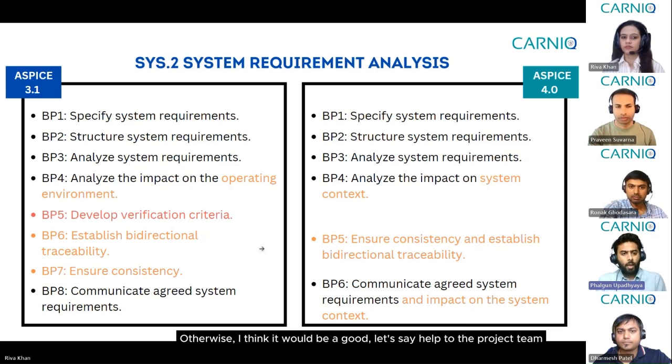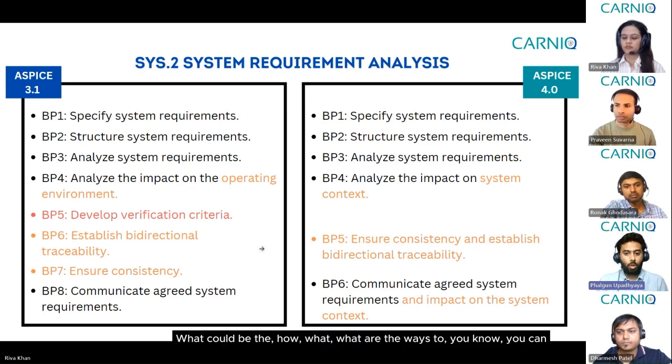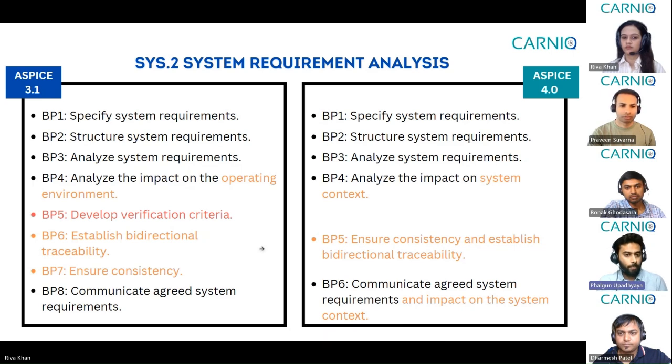Otherwise, I think it would be a good help to the project team members if we, as a SPICE or the Intacs group itself, had some guidelines or some kind of help text on what could be this system context, and what are the ways you can check the impact on the system context.